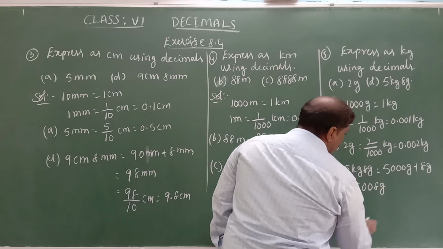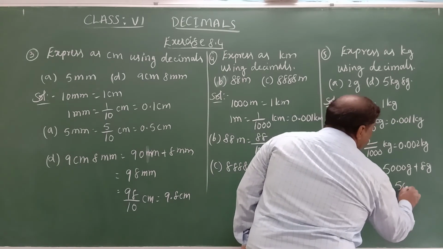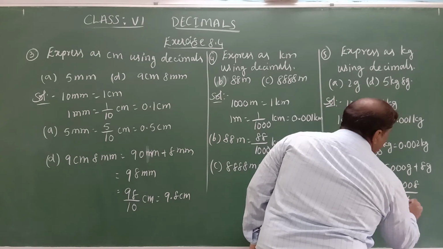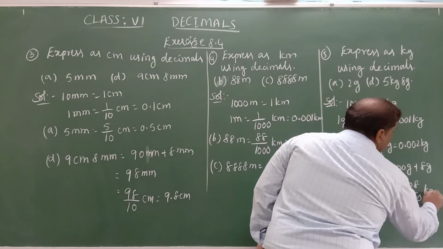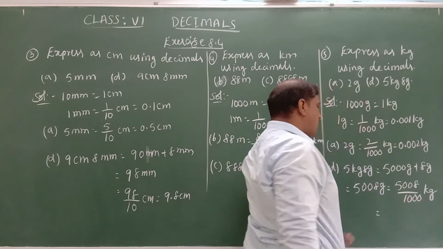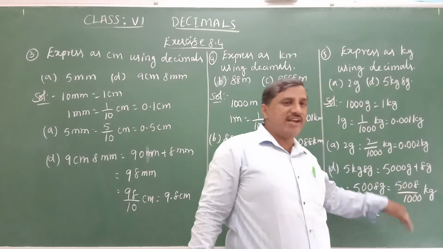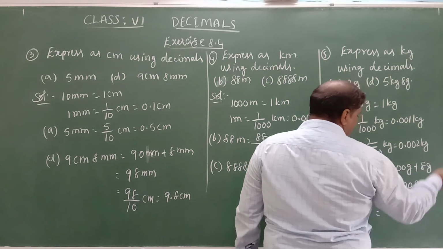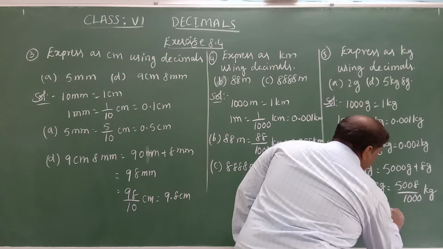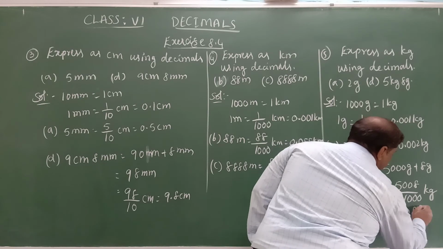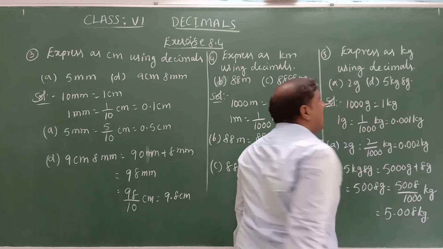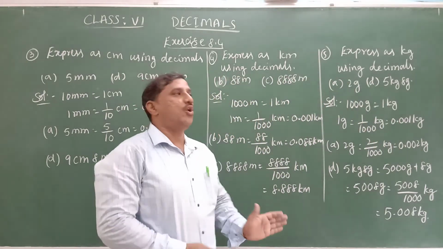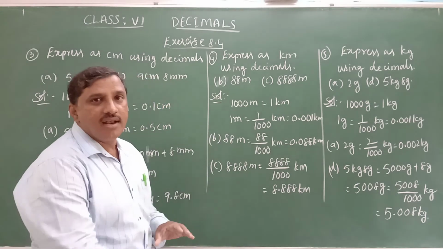Now express in kilograms, that is 5008 divided by 1000 kilograms. In the denominator we have 3 zeros. Keep the decimal point after 3 digits, 1, 2, 3. So we get 5.008 kilograms. Like this we will convert one unit to the other unit using decimals.